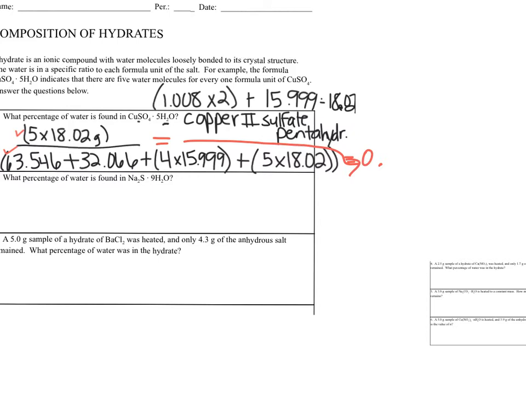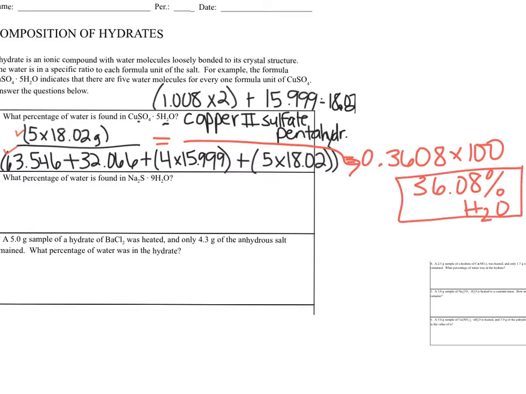We got 0.3608. We're going to multiply that by 100 to make it a percent to get 36.08% water. So that's your answer for number 1.